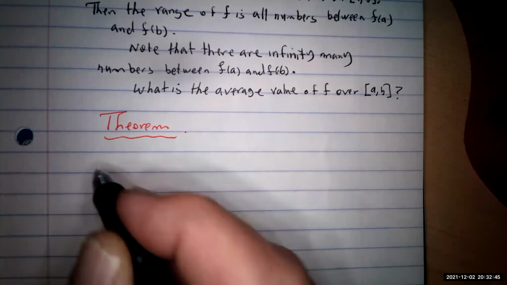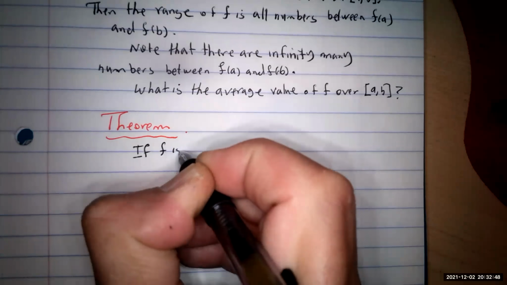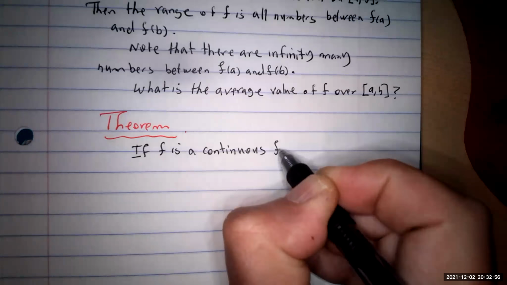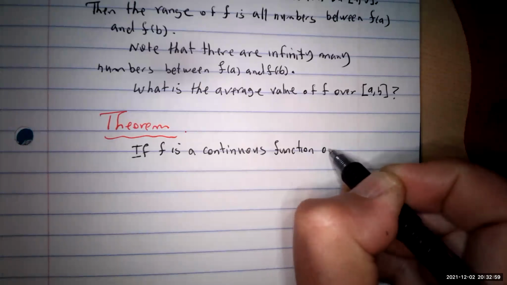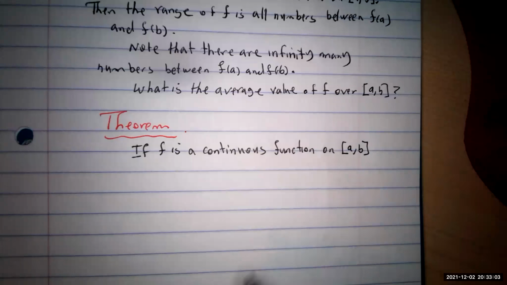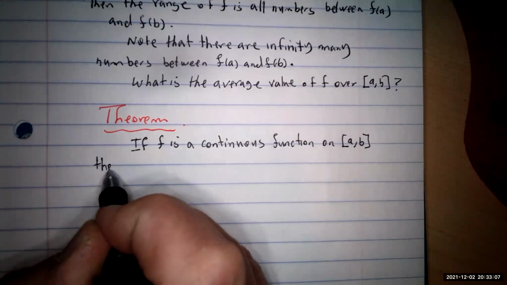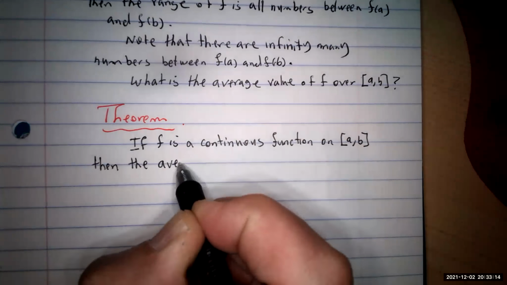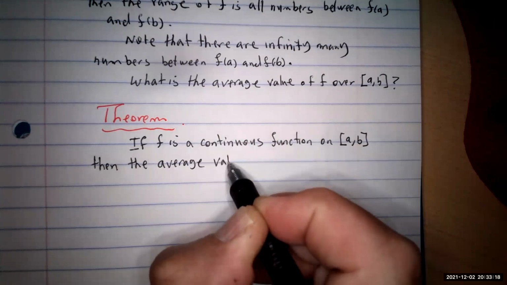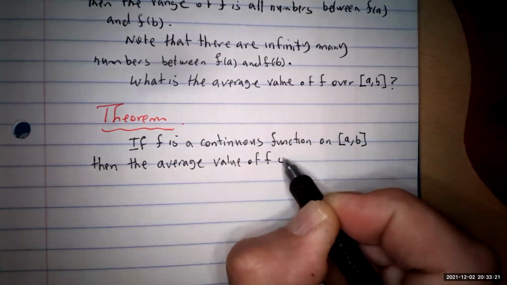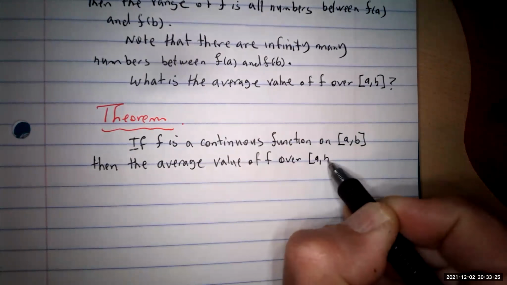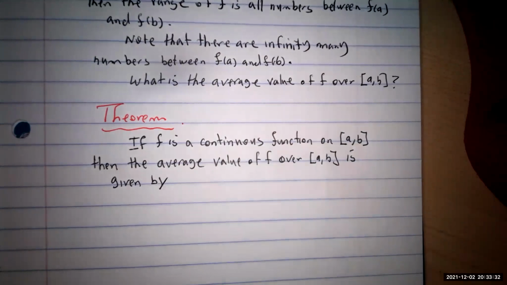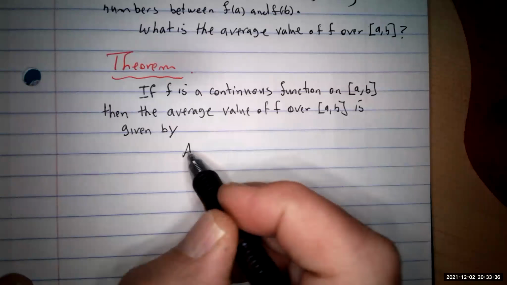So this is going to be a theorem: if f is a continuous function on the closed interval of a and b, then the average value of f over this interval a and b is going to be given by this formula.